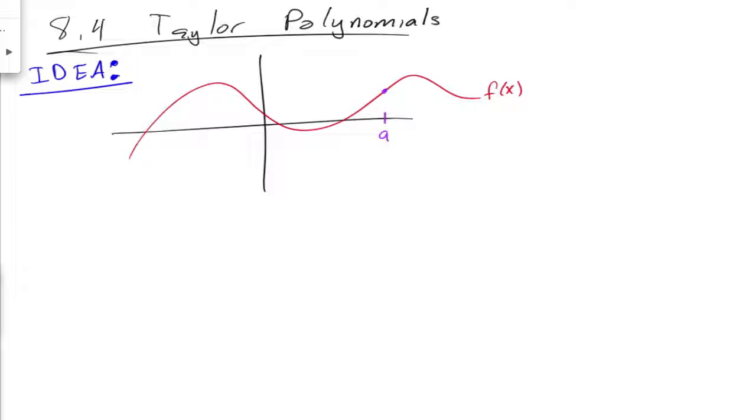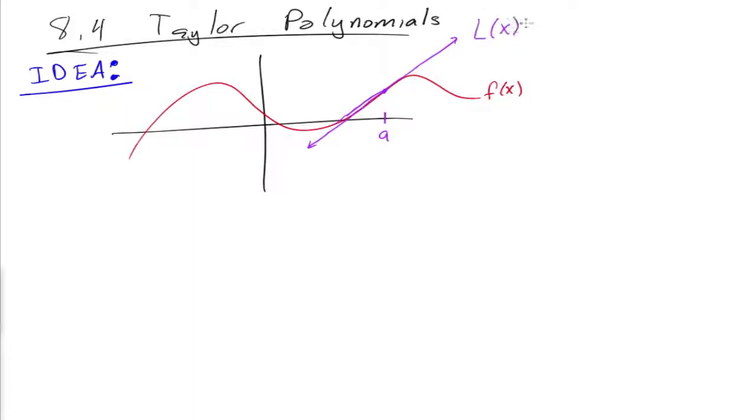The tangent line at this point looks roughly like that, if I was able to draw a straight line. Do you remember the equation of this? This was called the linearization of f of x at a.